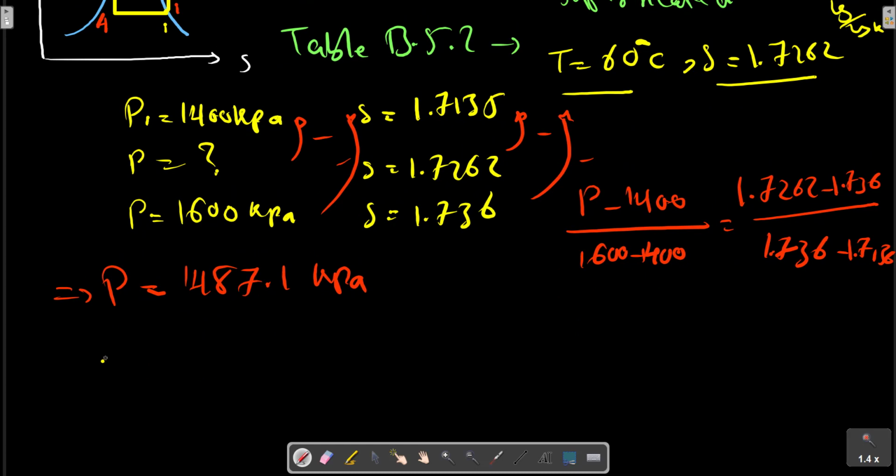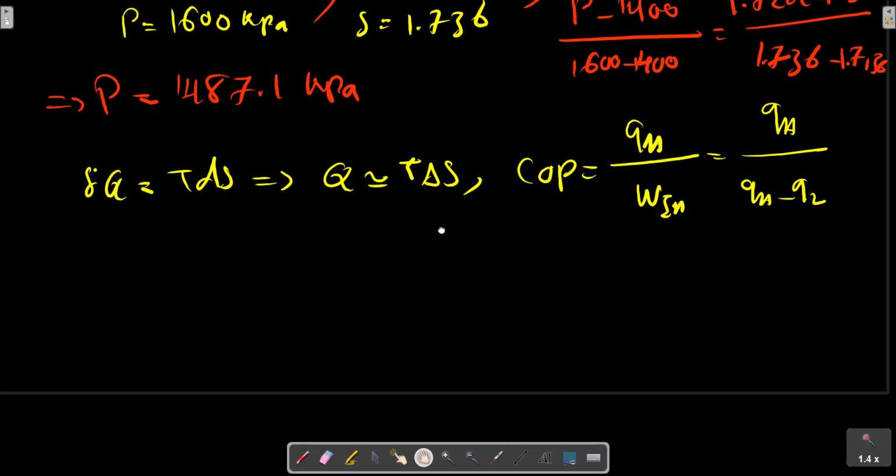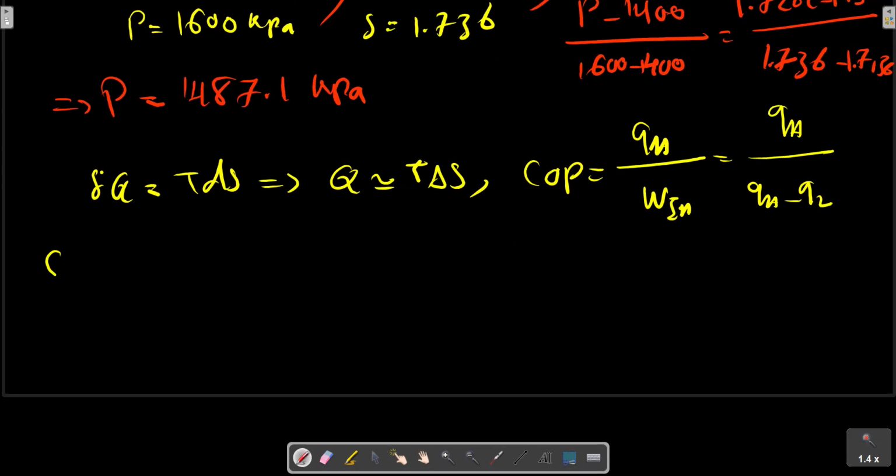We know that delta Q equals T dS. So Q can be calculated as T delta S. For COP we have QH over W, which is QH over QH minus QL, so COP equals TH over TH minus TL.